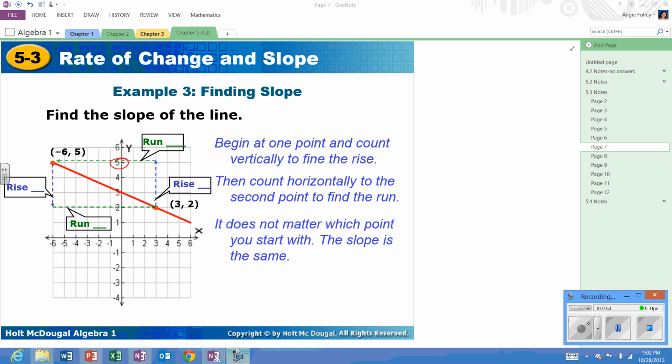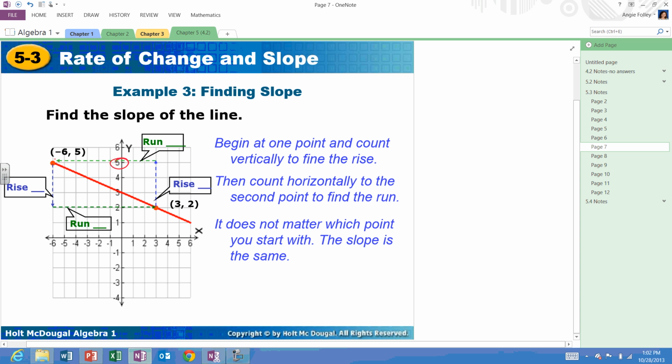Okay, so if you notice, your rise going from a +5 up here down to a 2 here is actually you're decreasing. So you have a rise of -3 in this direction. And then your run for that is going from here at -6 over to 3. So that's a +9.